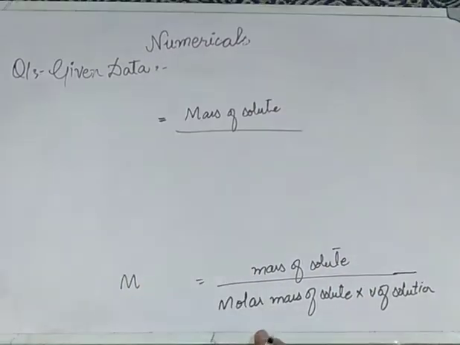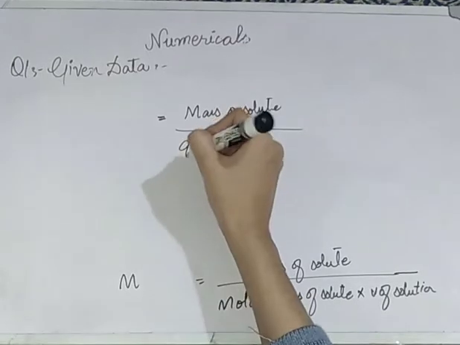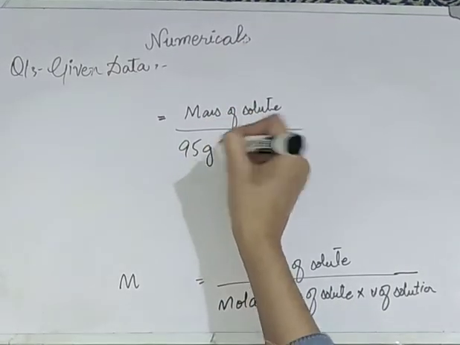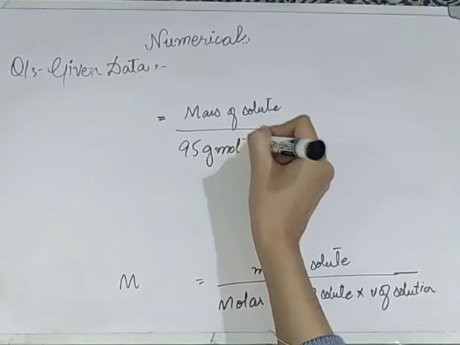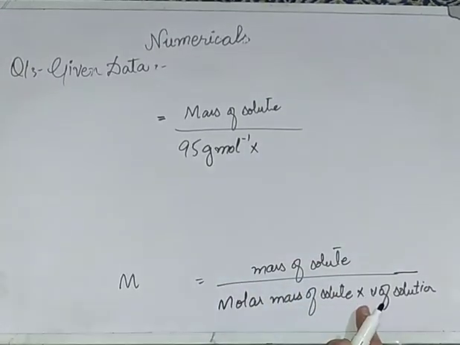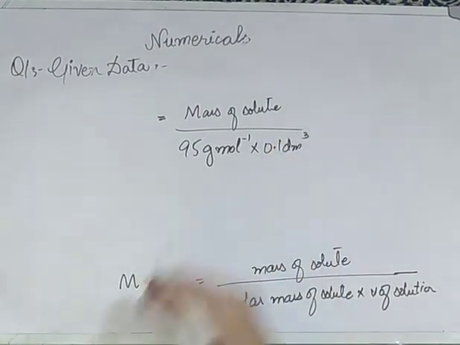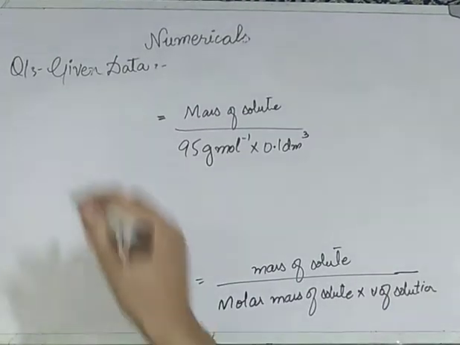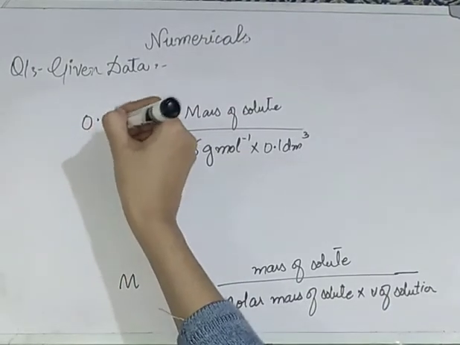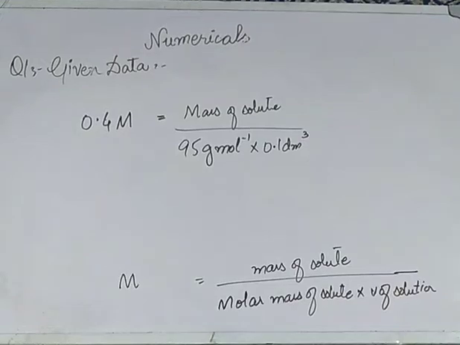We have molar mass of solute 95 gram per mole multiplied by volume of solution, that is 0.1 decimeter cube, and we have molarity, that is 0.4 molarity.